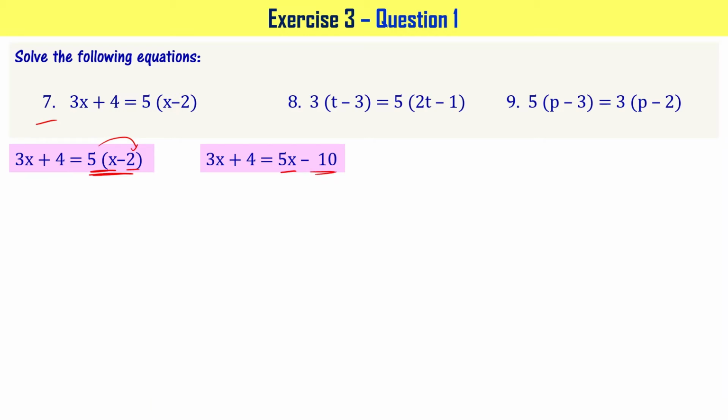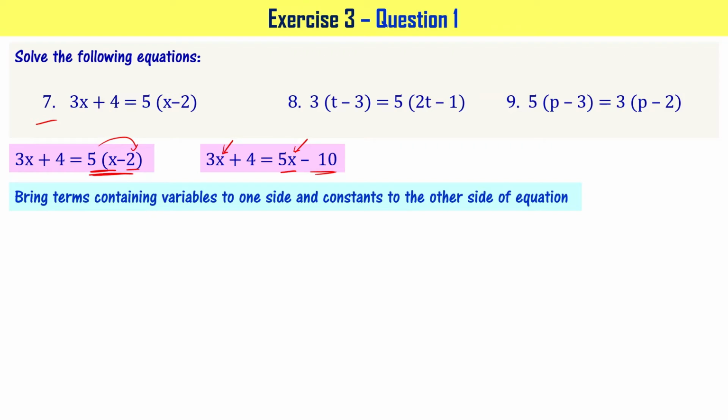This is the linear equation in one variable with variable on both the sides, right? Now let's solve this. To solve this, we have to bring the terms containing variables onto one side and constants to the other side, right? Let's do that. As I said earlier, we can transpose 3x to the right hand side or 5x to the left hand side, doesn't matter, right?